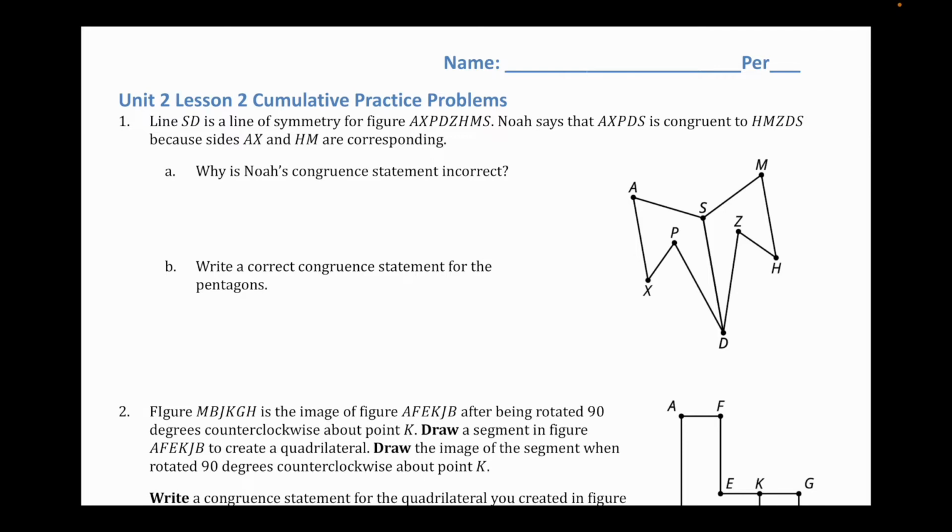Okay, well, first off, they named a bunch of things here, so I'm just going to color over their line of symmetry here. That's this red line SD down the middle. And then I'm going to highlight our two different pieces that they're talking about.